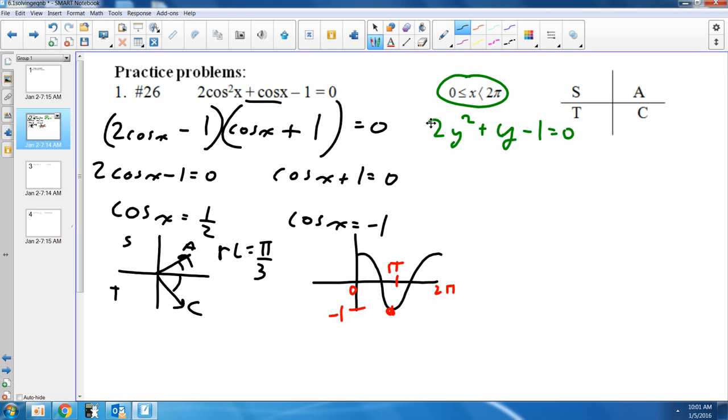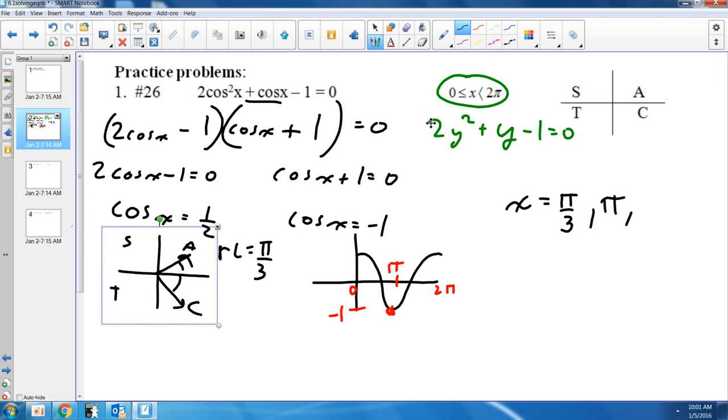So I'm now ready to write down all my answers because I did all the hard work. Off to the side, my x is going to equal pi over 3. I see it's also going to equal pi. And then on this one, it's going to be all the way around here with pi over 3 left.